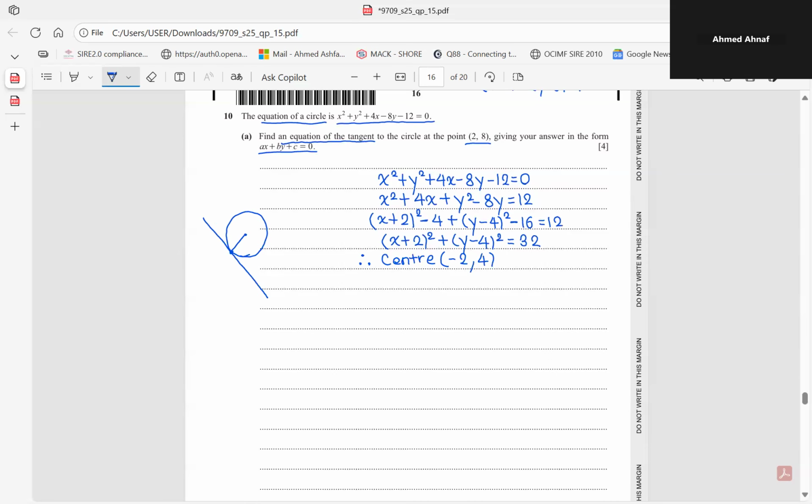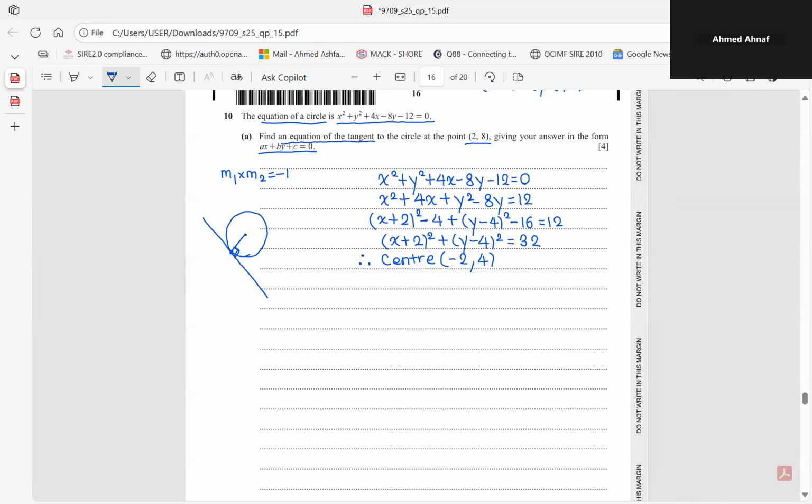One property of these two lines is that they meet at right angles, okay? So we can use this formula, m1 times m2 equals -1, to find the gradient of the tangent line, where m1 and m2 are the gradients of these two lines.